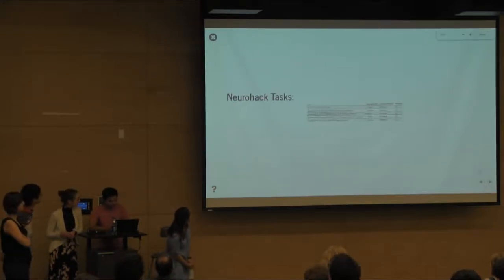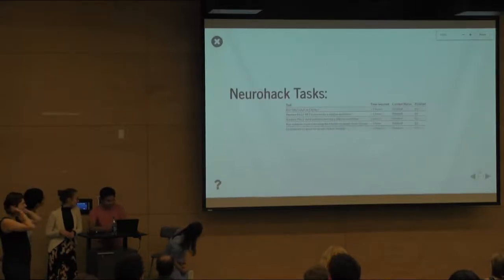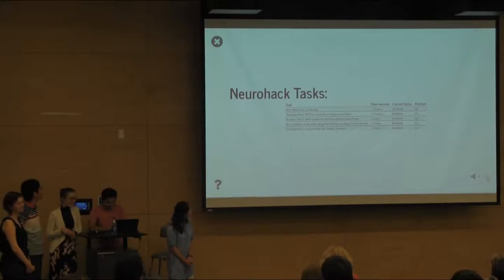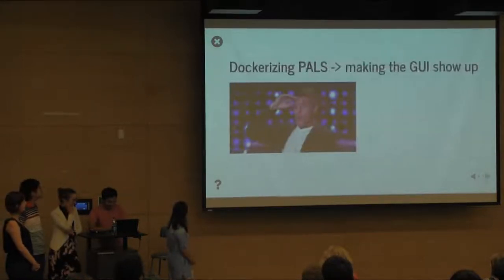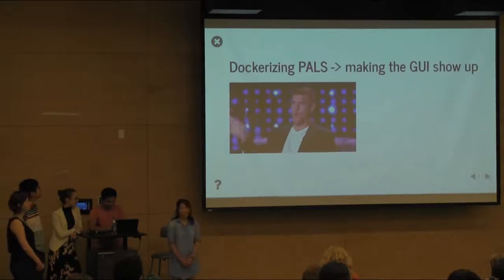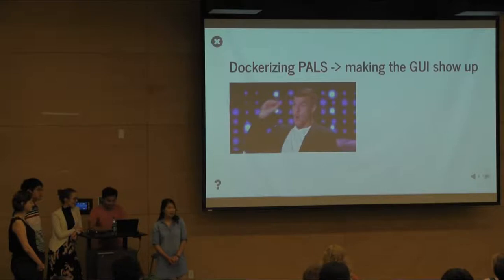So here were the tasks that we were trying to do for this week. Okay, so the first thing was when we were trying to get PALS to run, it turned out that we had a lot of dependency issues because it's still running on Python 2.